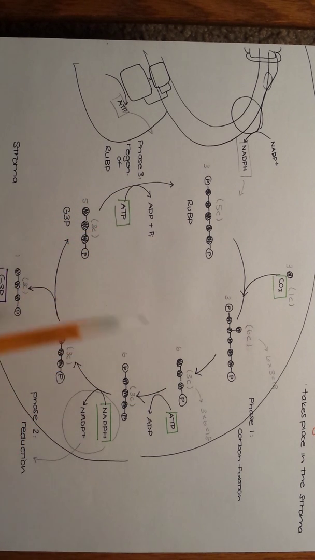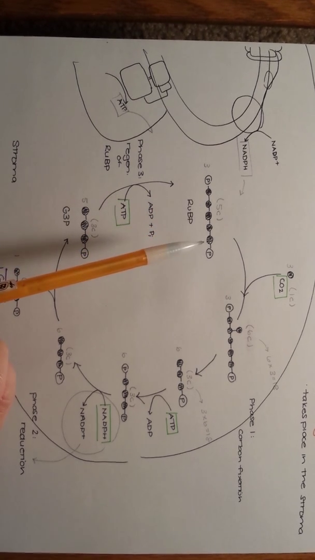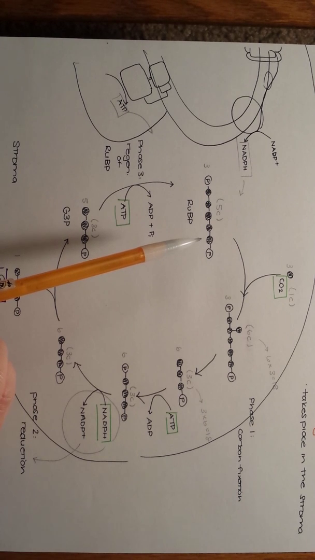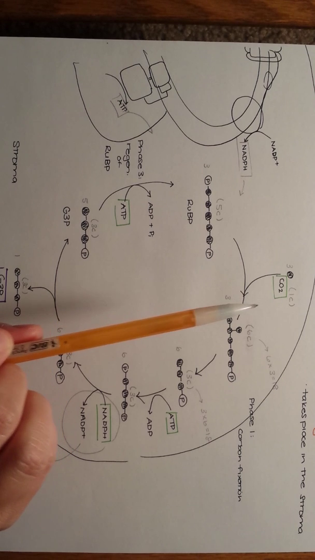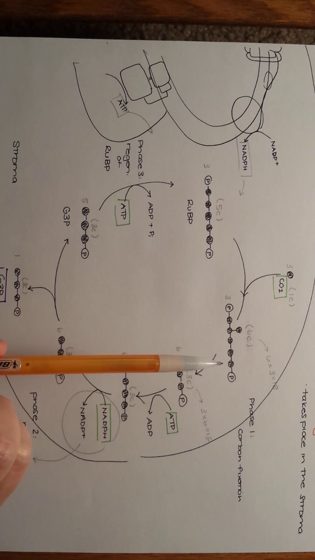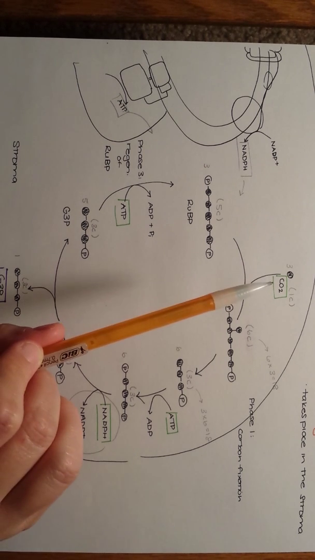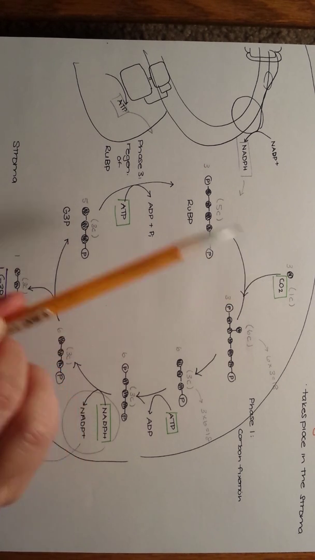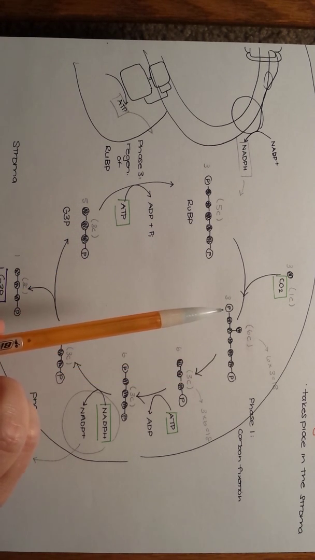So this whole cycle will happen 3 times. And so each time the molecule of RuBP has 5 carbons. So you take the 5 carbons from the molecule of RuBP, the 1 carbon from the molecule of carbon dioxide, and then you can get this 6 carbon molecule here. We don't even care what that 6 carbon molecule is called, but again, you're going to have 3 of them. So we're conserving. We have 3 molecules of carbon dioxide, 3 of RuBP, 3 of this 6 carbon, and we can trace the carbons through there.